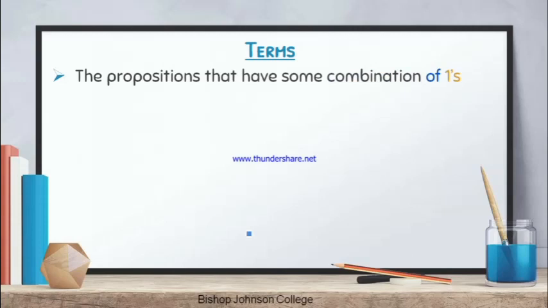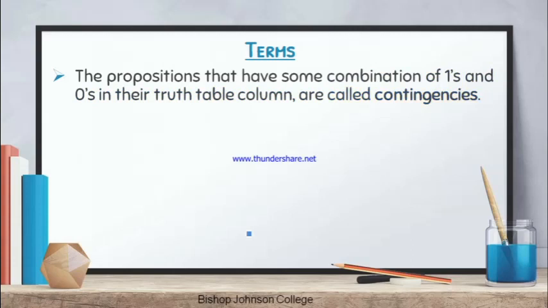Different terms. The propositions that have some combination of 1 and 0 in the truth table column are called contingency. A column which contains some 0s and some 1s is called contingency.